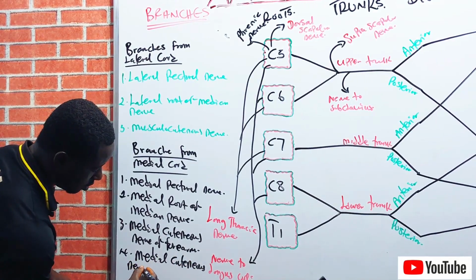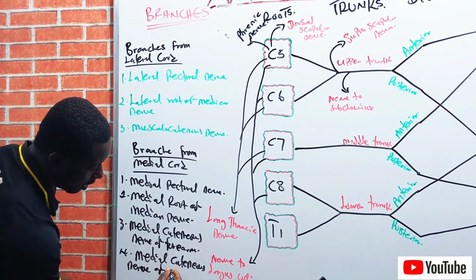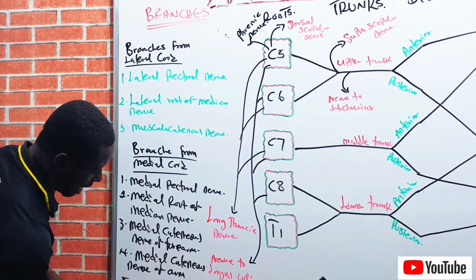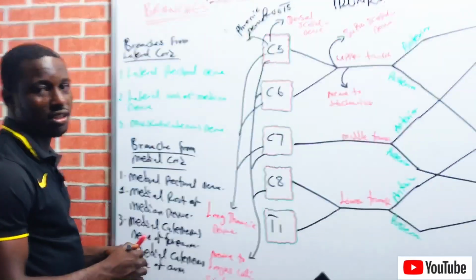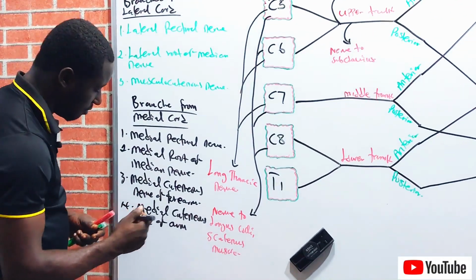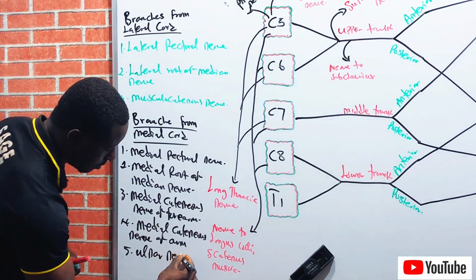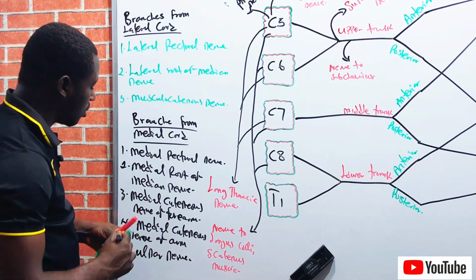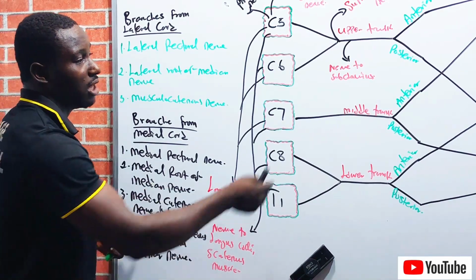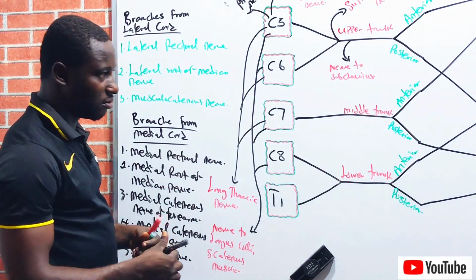While number 5 is the ulnar nerve. So there are 5 branches that arise from the medial cord of the brachial plexus.